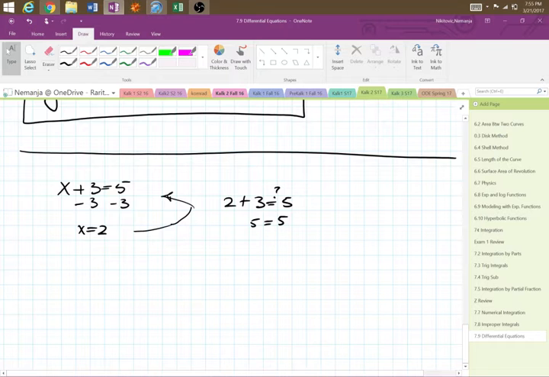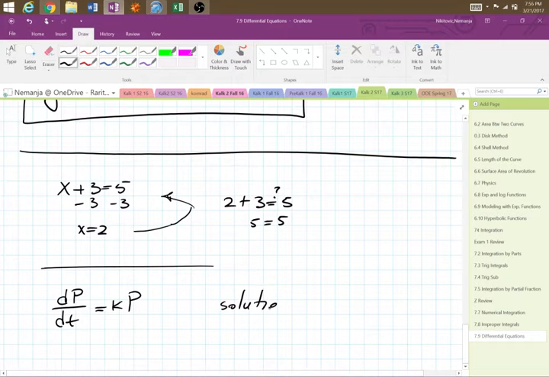So now, what do we have to check? We had a differential equation that dP/dt was equal to kP. And we had the solution, which was given as P equals A e to the kt. And I want to check that.